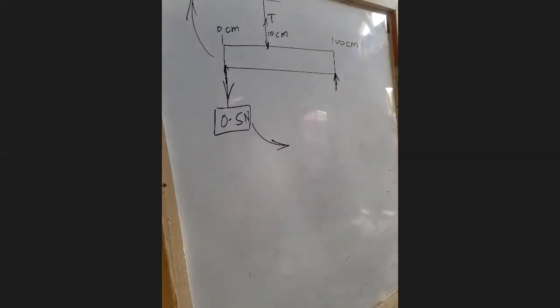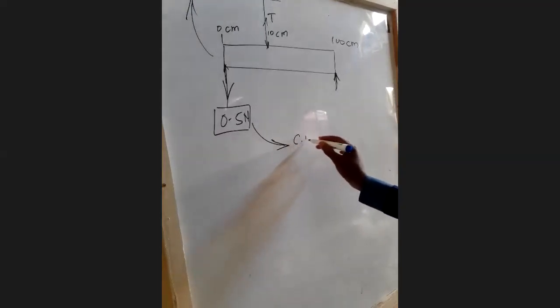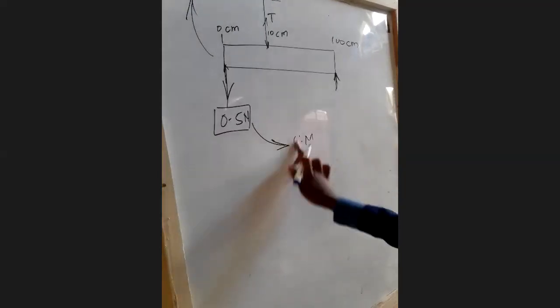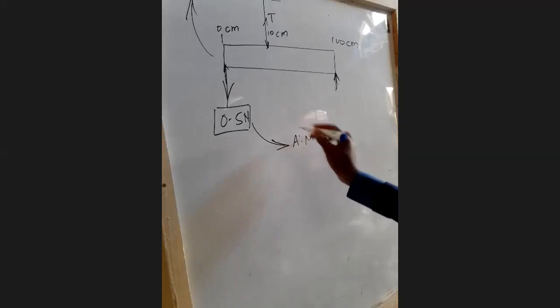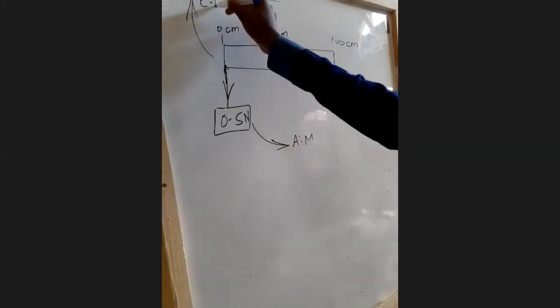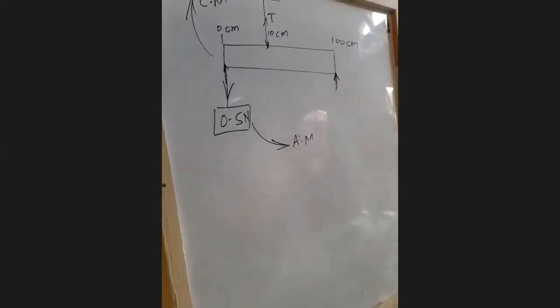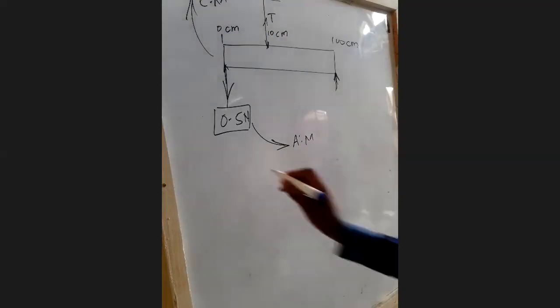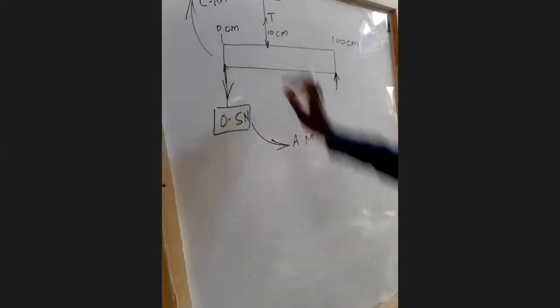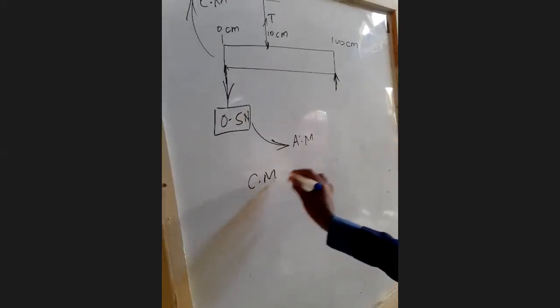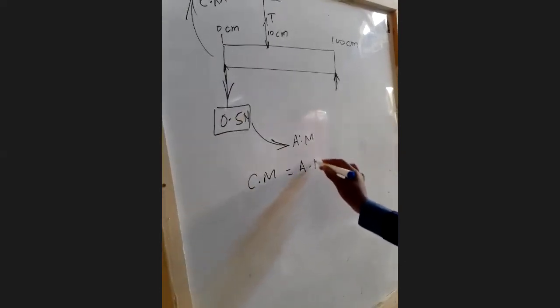So in this case, we have this counterclockwise moment, and this is going to be the clockwise moment. Those are the only two forces acting. For a system at equilibrium, clockwise moment is equal to anti-clockwise moment.